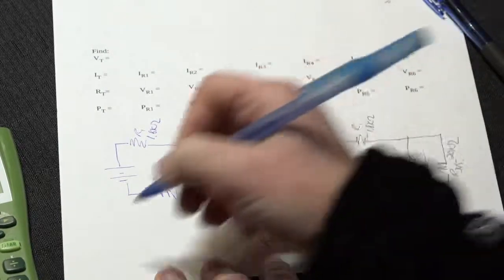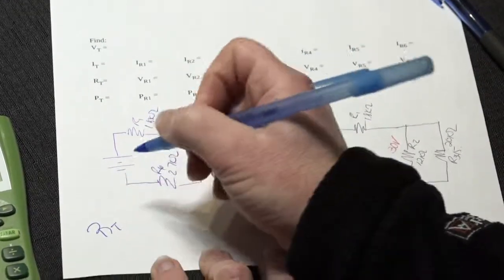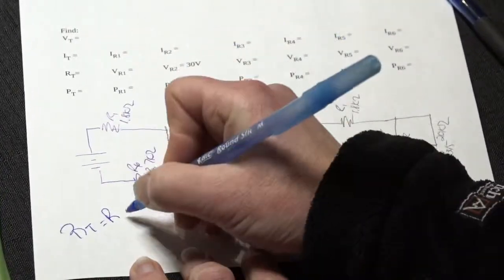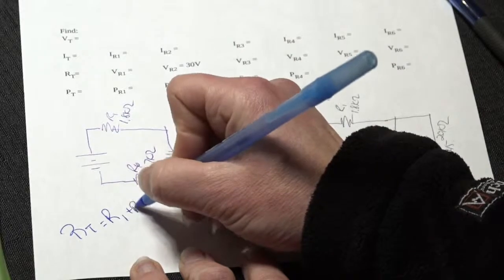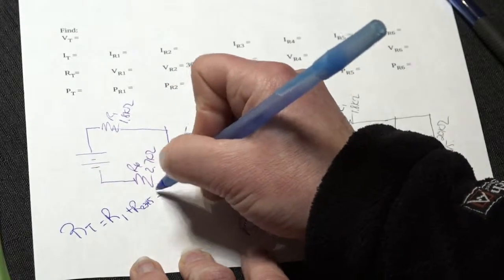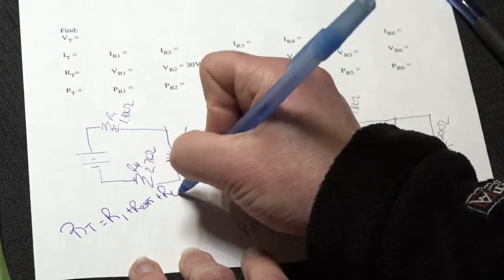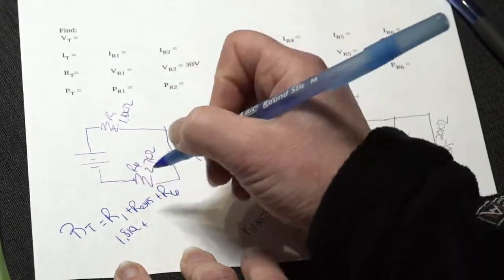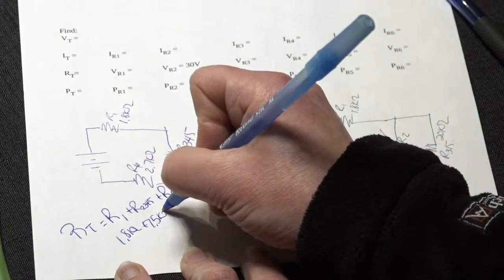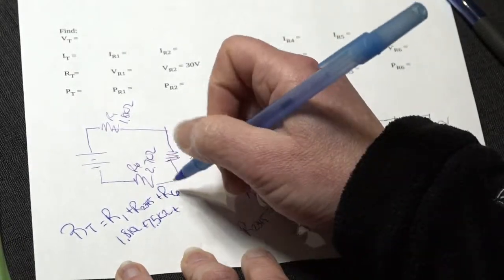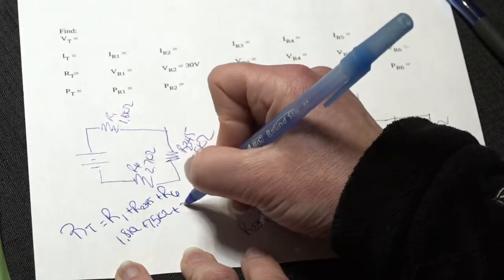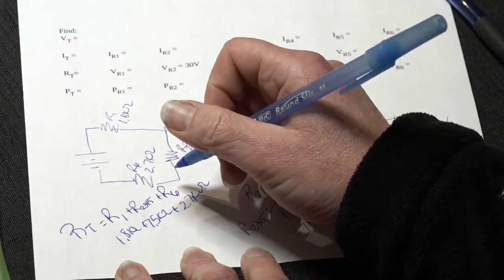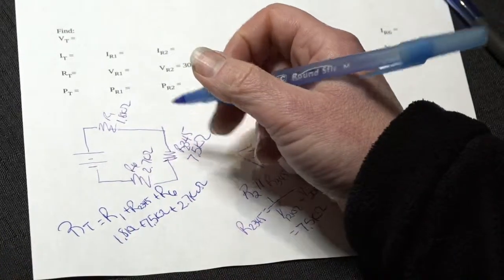And when we find the total resistance, then it is going to be R1, since these are all in series, R1 plus R2345 plus R6, which is 1.8K ohms plus 7.5K ohms plus 2.7K ohms, which equals, well, let's go ahead and add it up.